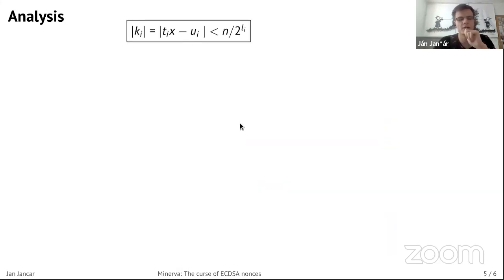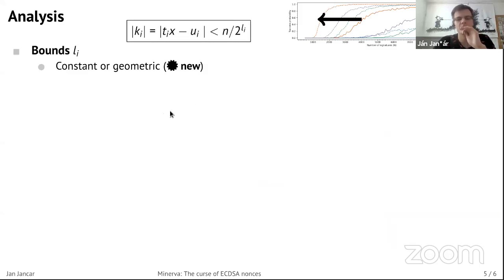So we evaluated many techniques and attack improvements. Here you can see the basic inequality that you start with. And so how do you assume those bounds? In most previous works, this was somehow constant or sometimes computed based on some other side channel.